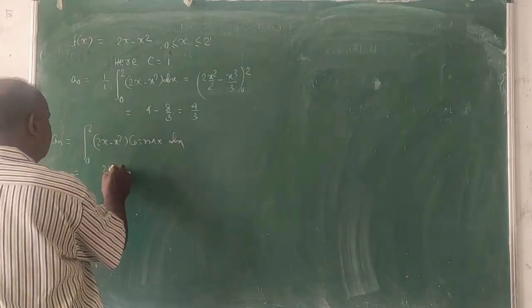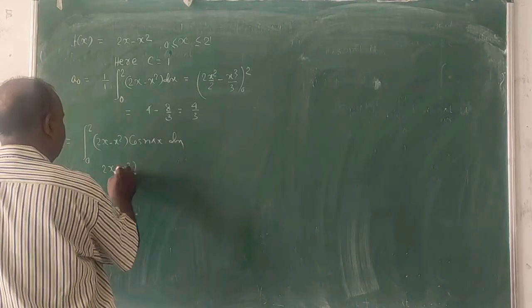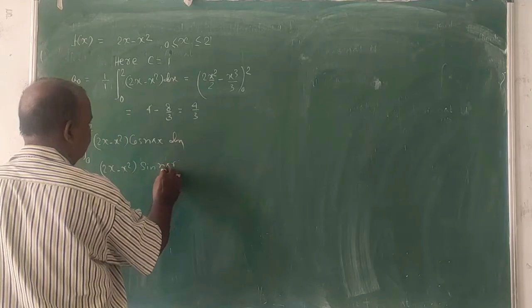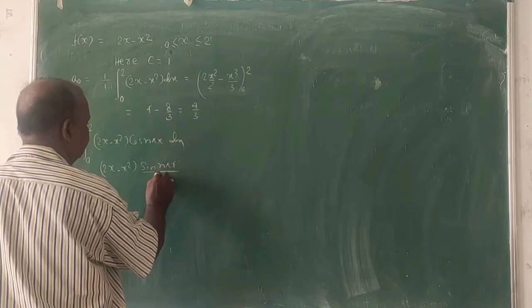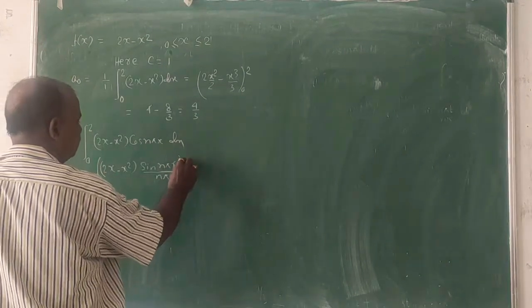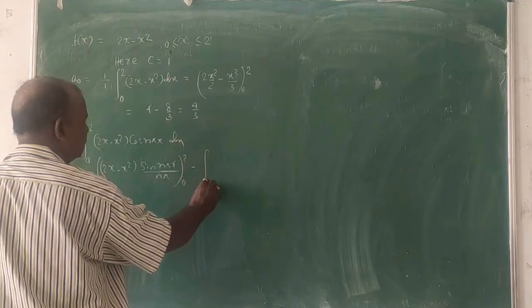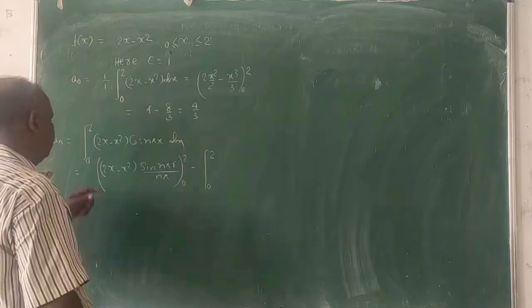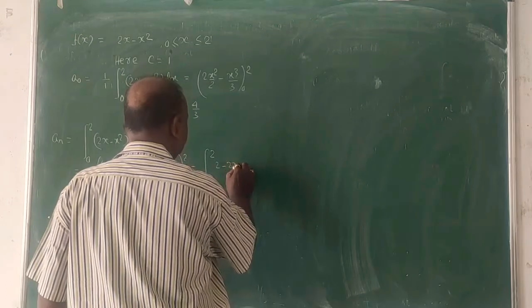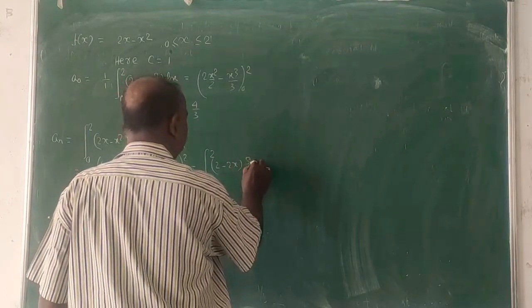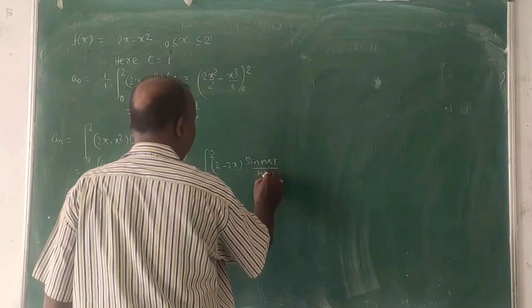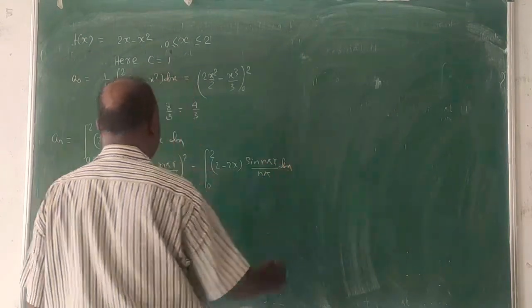So this is 2x minus x square into sine n pi x divided by n pi, range is 0 to 2, minus integration of the derivative 2 minus 2x into sine of n pi x by n pi dx.